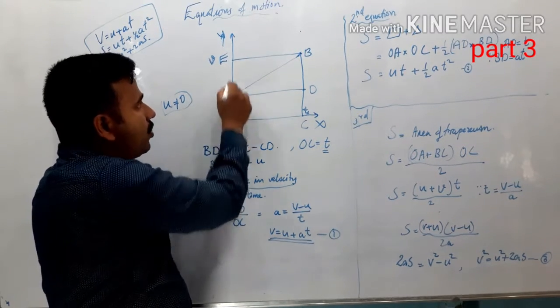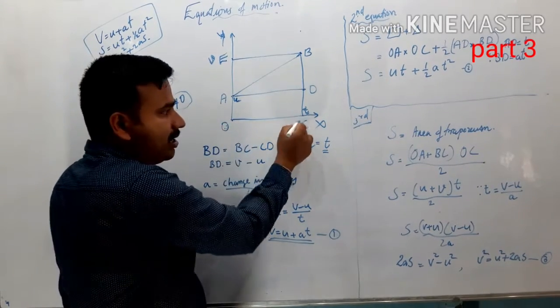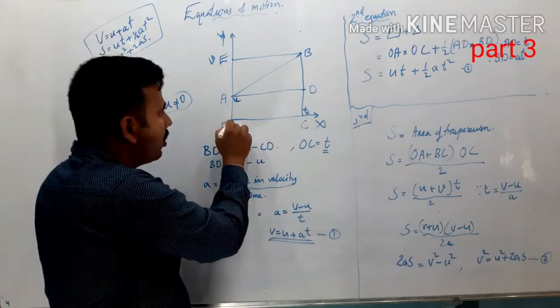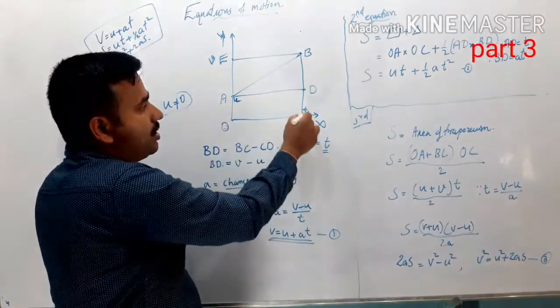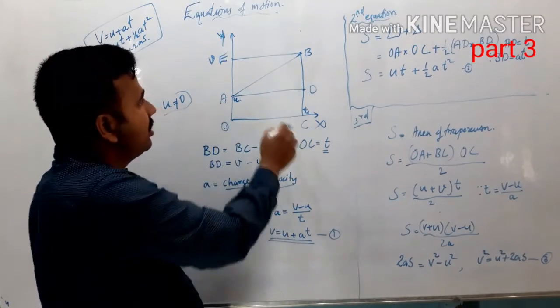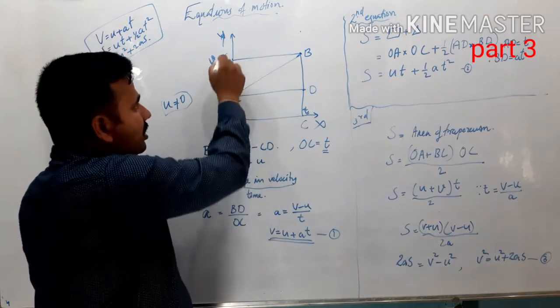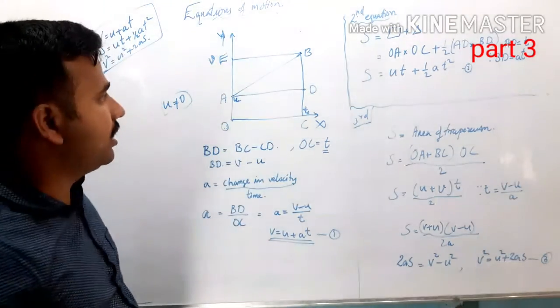So the distance OE is known as the final velocity, OC is known as the time, and OA is known as the initial velocity, U. OA will be equal to DC, and at the same time OE, that is the final velocity, will also be equal to BC.